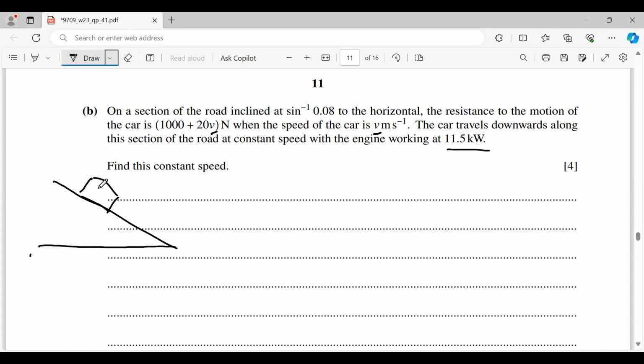and there are several forces acting on this car. Firstly is W, the weight equals M times G, and then frictional force.